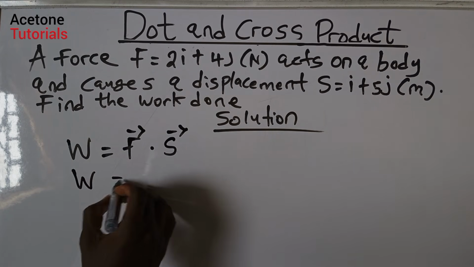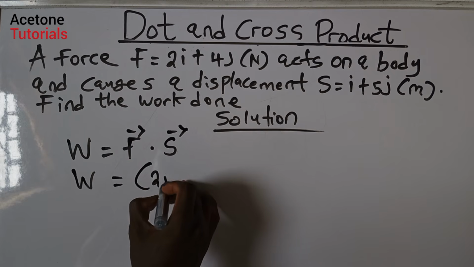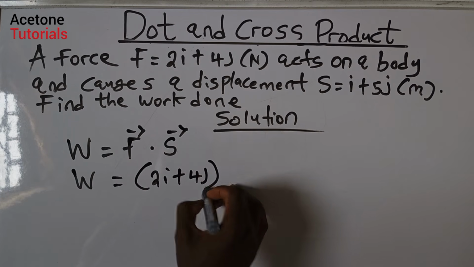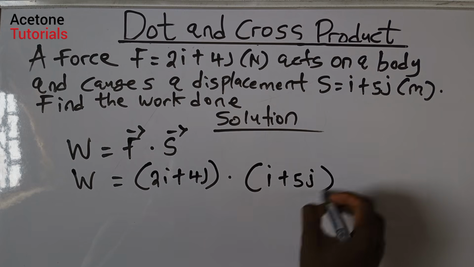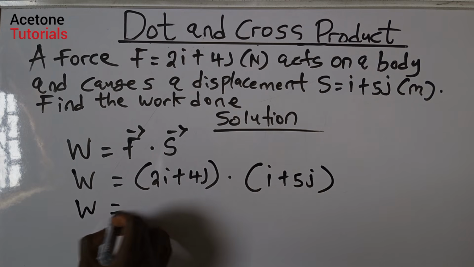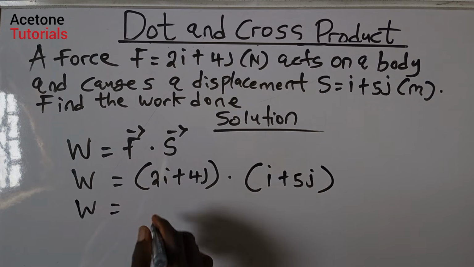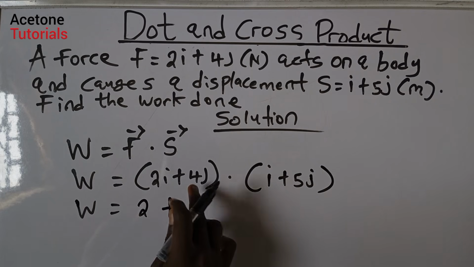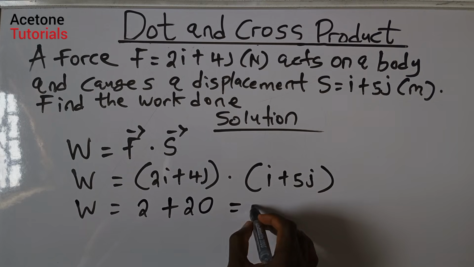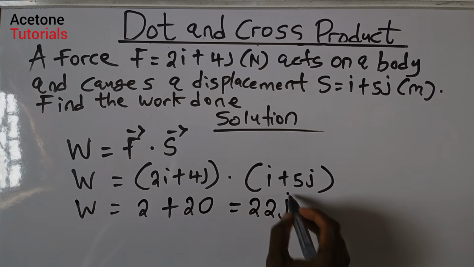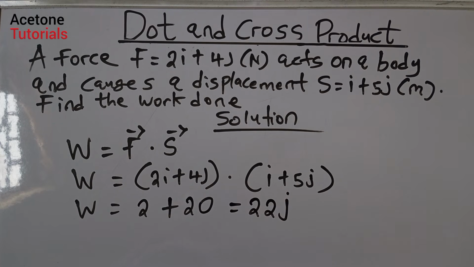So the work done is equal to 2i plus 4j dot i plus 5j. Work done equals 2 times 1 is 2, plus 4 times 5 is 20. So the work done is 22 joules. That is the dot product of the force vector and the displacement vector.